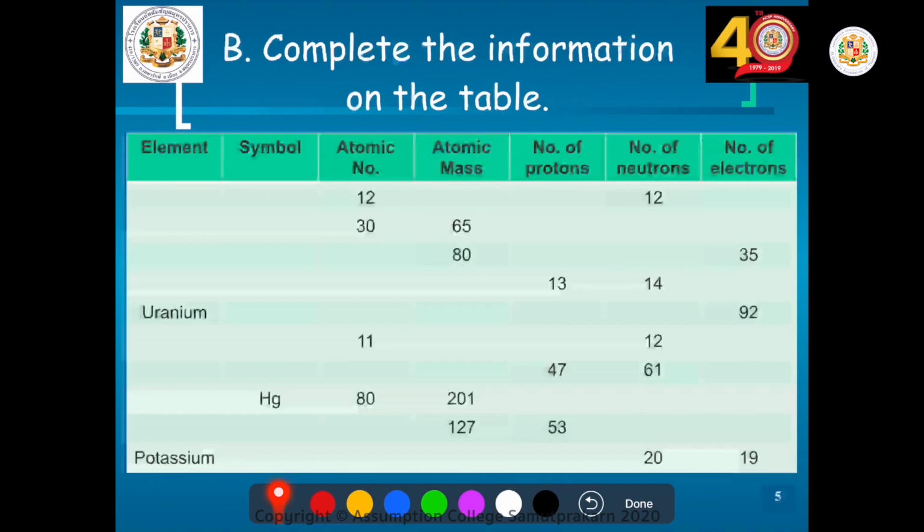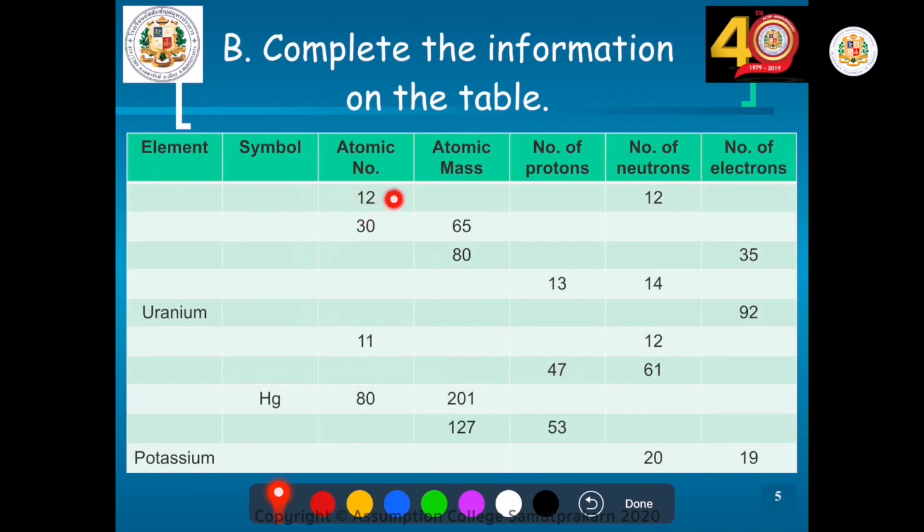Question number 1: the givens are atomic number 12 and number of neutrons 12. Remember, atomic number is equal to the number of protons and the number of electrons, whereas for neutrons, you subtract the atomic number from the atomic mass.